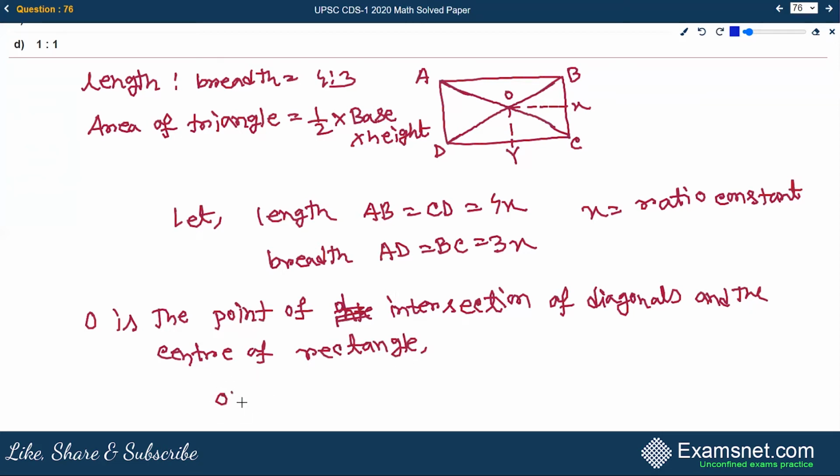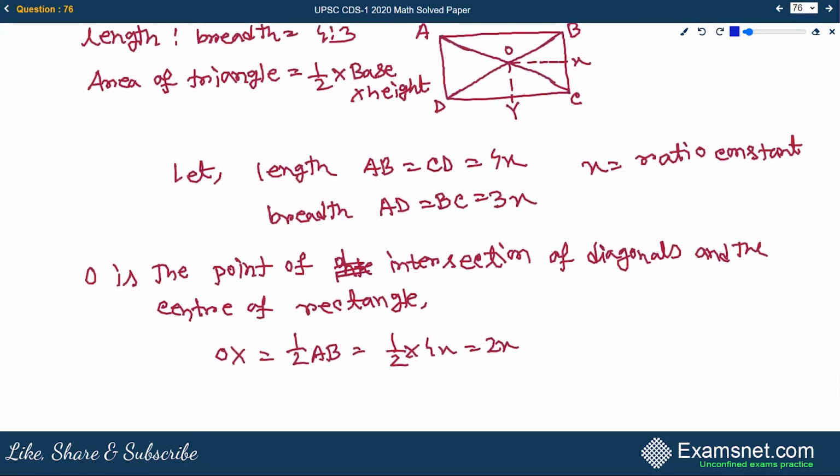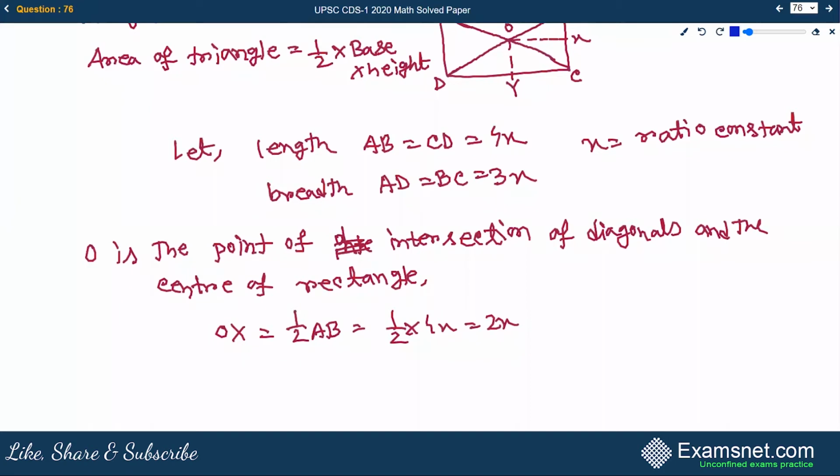So we can write OX will be half of AB. That means it is 2x. And OY is half of AD or BC, half of BC, 3x by 2.